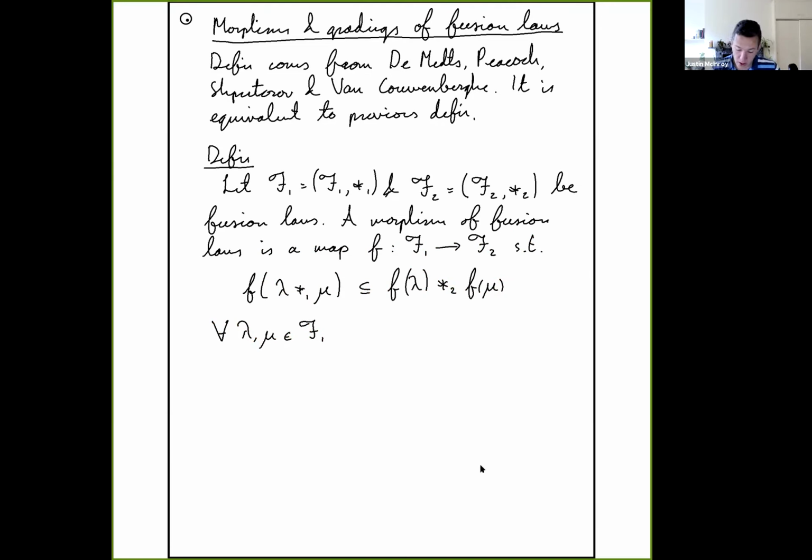And the reason why this definition of theirs is nicer with these morphisms is this, because this allows us to define the category of fusion laws. So this is my sort of aside here. I don't want to really get into it. If you want to see the details of that, you can read their paper.